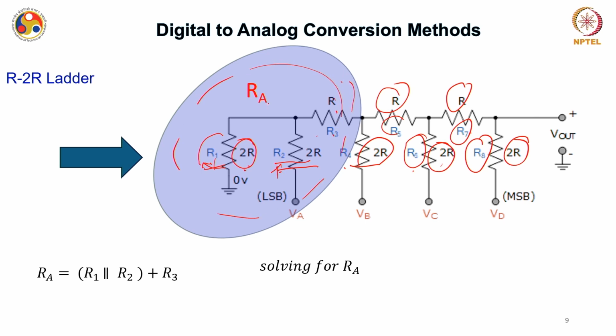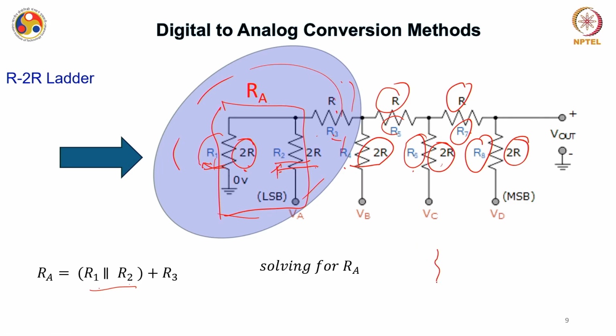In that case, RA is R1 parallel to R2, and this parallel combination is in series with R3. Since both are 2R, R1 parallel R2 will be equal to R.